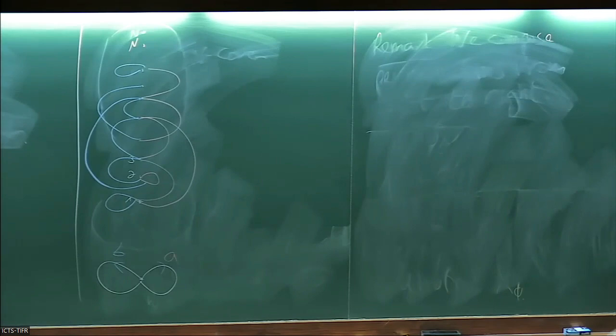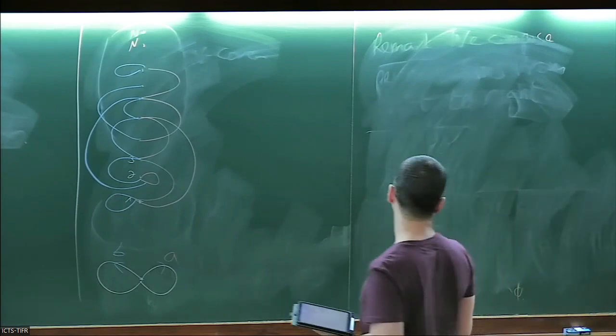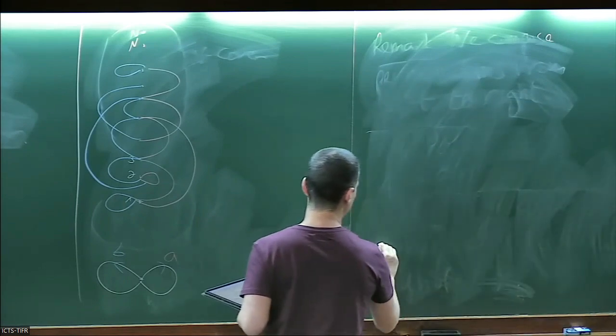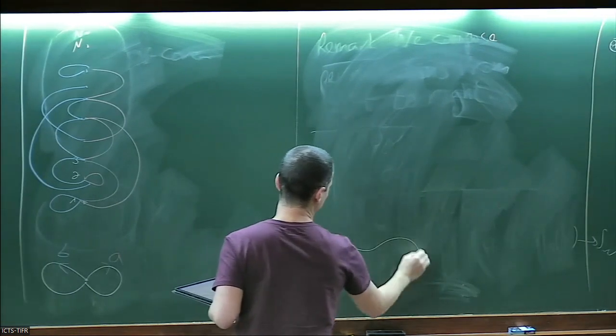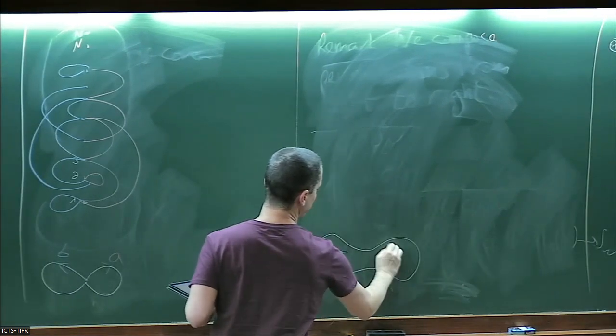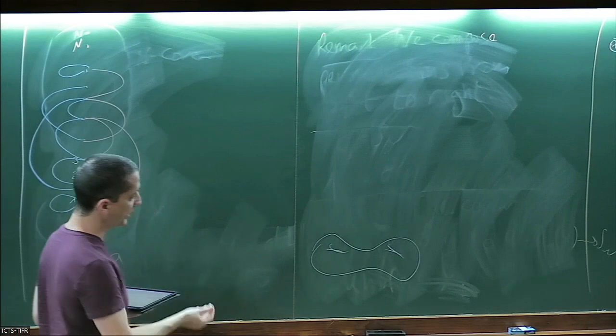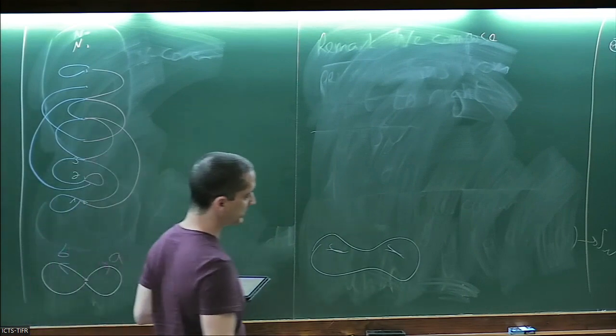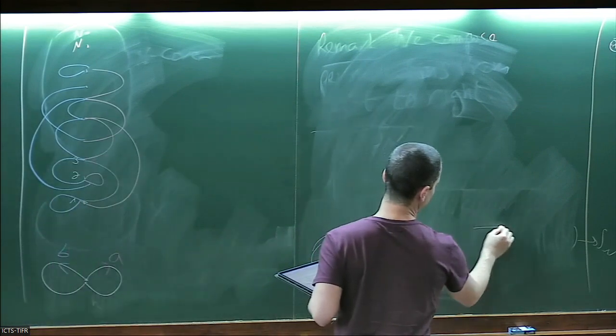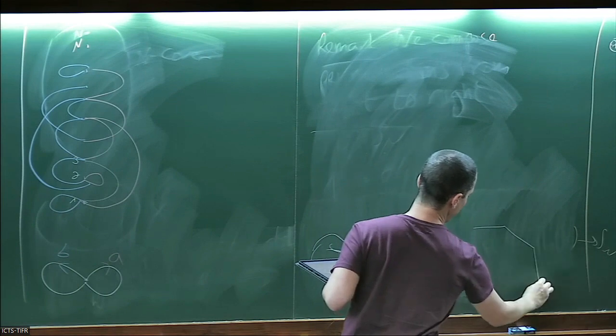For surfaces, I also want to get some combinatorial picture. So this is my space, and what I want to do is build it from an octagon. So I have this octagon, which I'm sure all of you know.